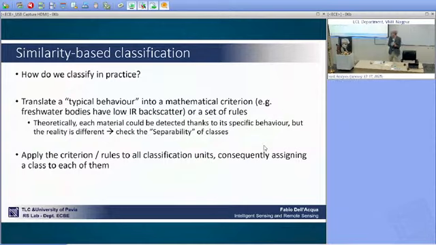Now, this is where the concept of spectral classes kicks in. A few slides back, I told you land cover and land use classes are information classes, right? We call them information classes because they convey the information that we are interested in.